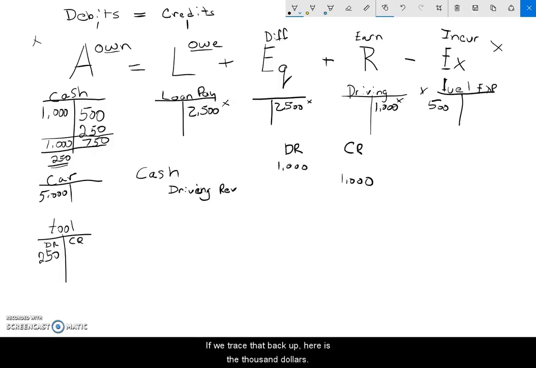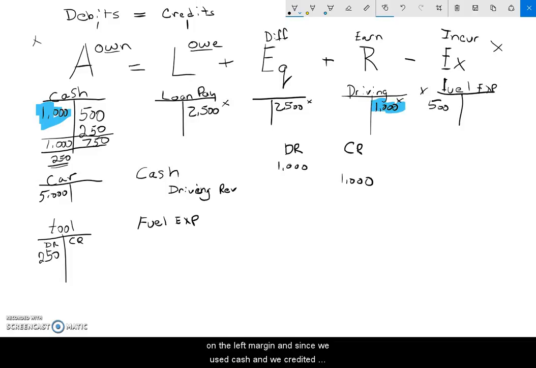And if we trace that back up, here's the $1,000. Here's the debit, and there's the credit. Now let's record the fuel expense. Since the fuel expense is a debit, we're going to put that on the left margin.